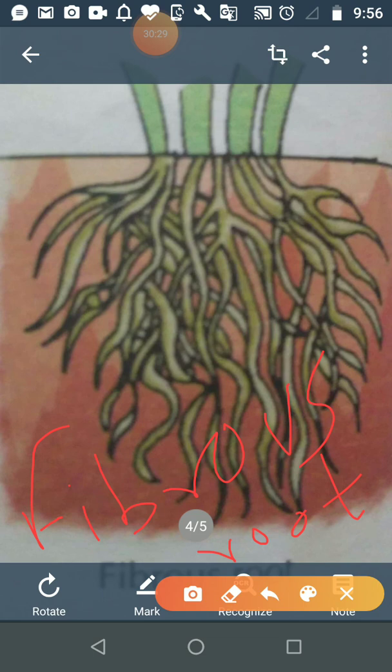Do you know the reason for that? If the soil contains these types of nutrients which I explained to you: nitrogen, phosphorus, potassium, calcium, magnesium, sulfur, then definitely there will be a good production of crops.